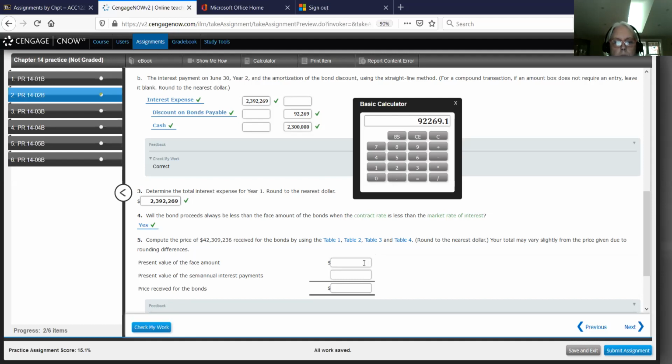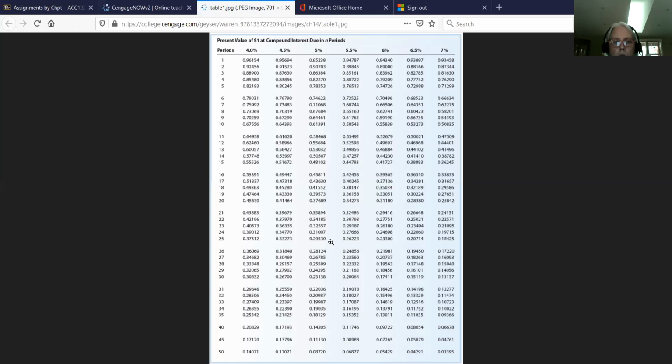In the first step here, we want to find the present value of the face amount. The present value of the face amount is the present value of the lump sum amount. We'll use table 1 or table 2 for that. When you click on this table 1, it will take you to another page showing you the present value of the dollar table.